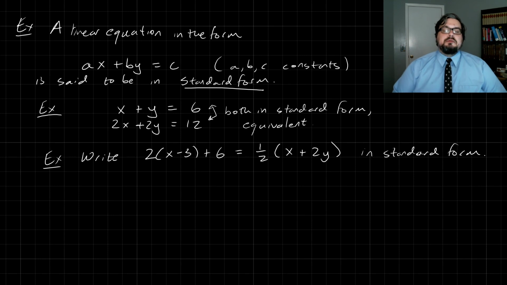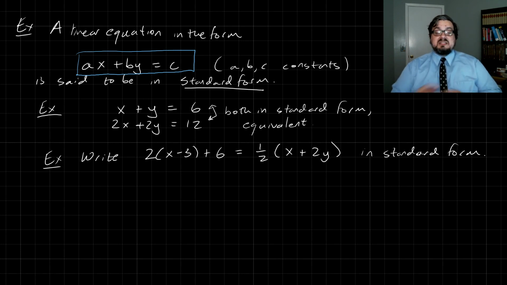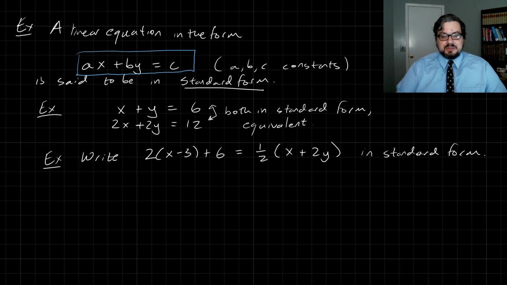Now, to put it into standard form means to make it look like this. So what you're going to want to do is expand everything out, gather all the x's and y's on the left side of the equation and all the constants on the right side. Once you do that, then you're going to have standard form. So let's do that here.